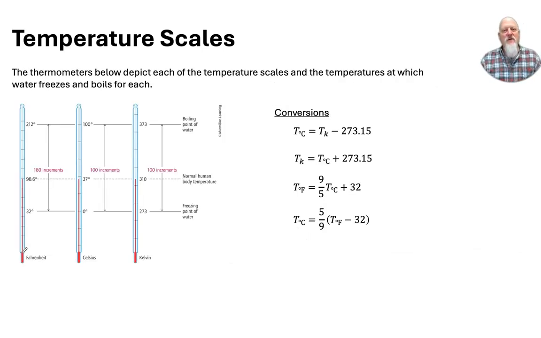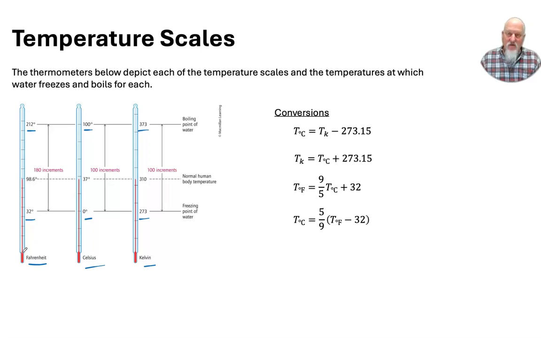Looking at the thermometers here, this just gives us how the freezing point and boiling point are related with each of the scales. This first thermometer is Fahrenheit, second one's Celsius, last one's Kelvin. And we can see the freezing point and the boiling point of water on each of the different scales. We can see that for Celsius and Kelvin, the difference between freezing point and boiling point is 100.